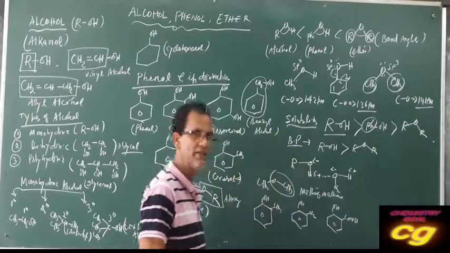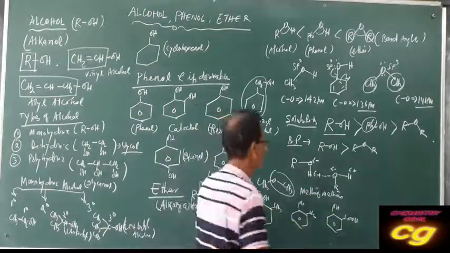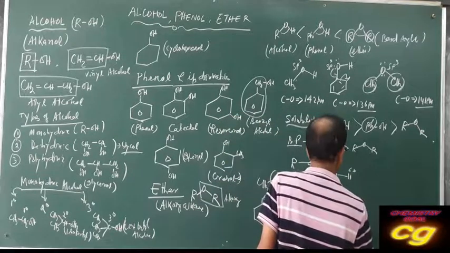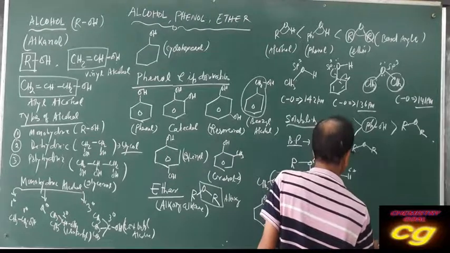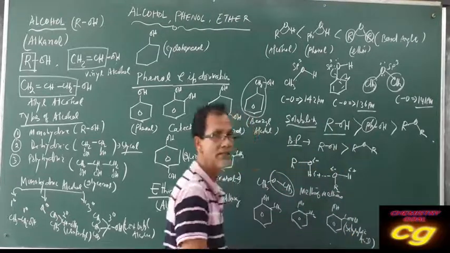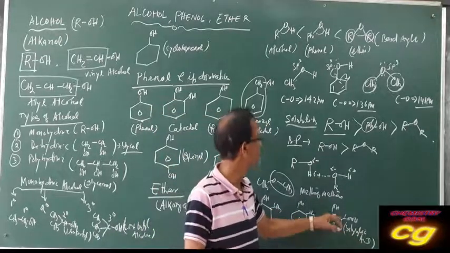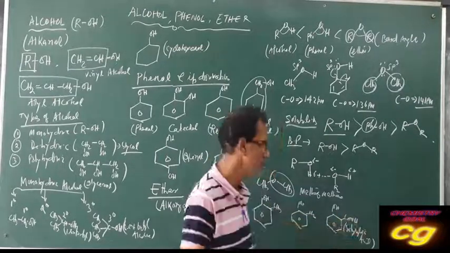The acid derivative's common name is generally called salicylic acid. It is called salicylic acid, this is the common name, but it is called 2-hydroxybenzoic acid. You can say it is 2-hydroxybenzoic acid.